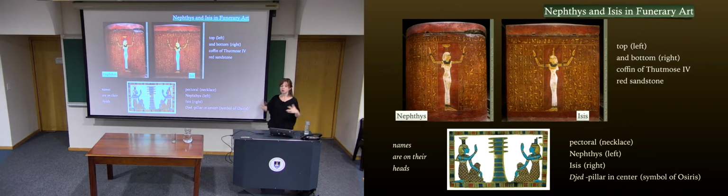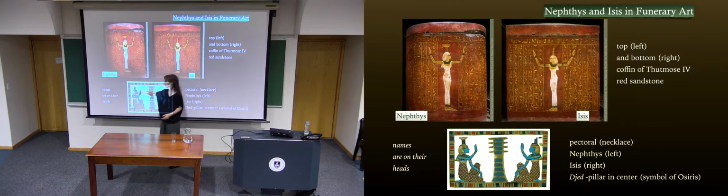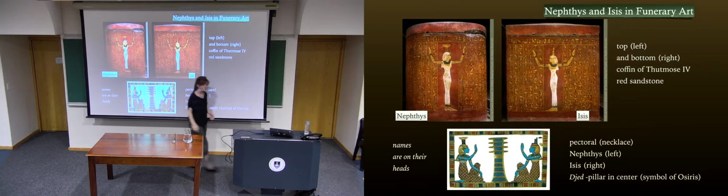Also in jewelry, amulets, and necklaces, you get images of Isis and Nephthys on either side of a symbol that represents Osiris. And you can always recognize them because they have their names written on their heads. These aren't just headdresses, these are actually the hieroglyphs of their name. So they're easily identified.